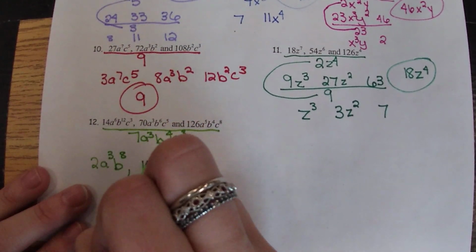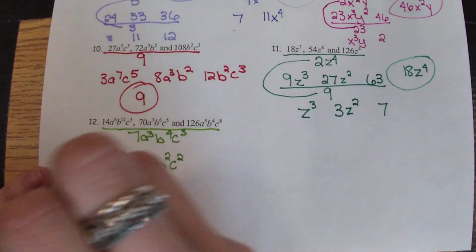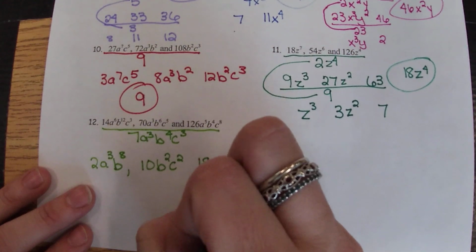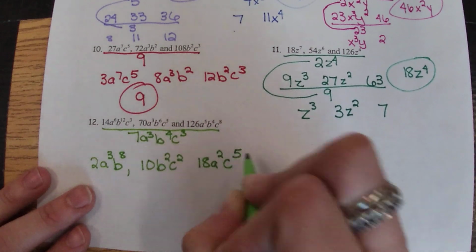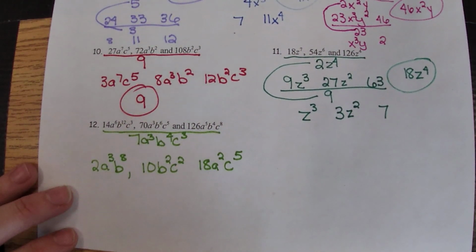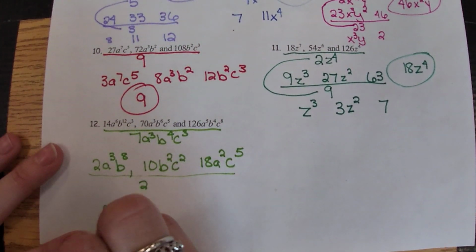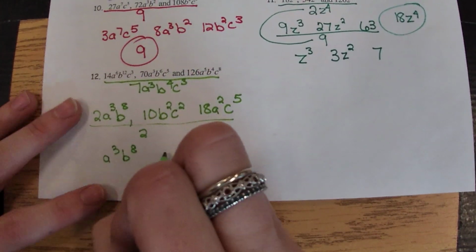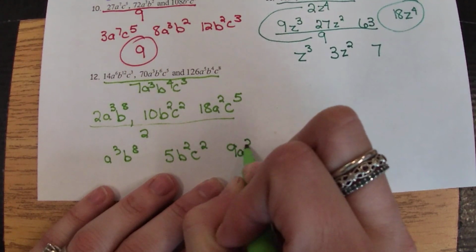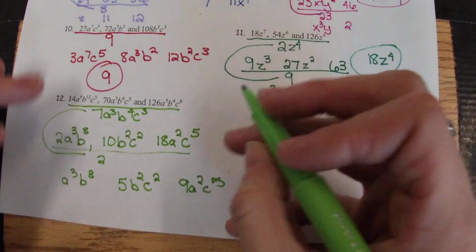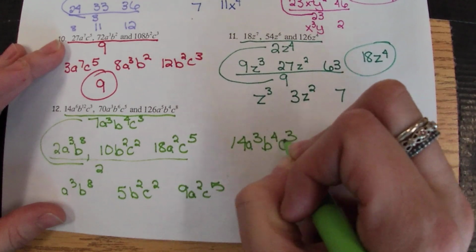C's cancel. 10, A's cancel. 126 divided by 7 is 18. A2, B's cancel. So then 2, 10, and 18, we could divide those by 2. Can't go any further, so we multiply. So we will get 14, A to the 3rd, B to the 4th, C to the 3rd.